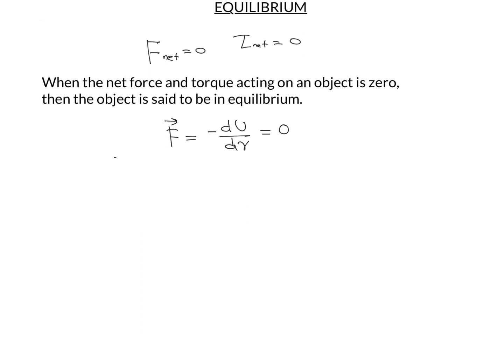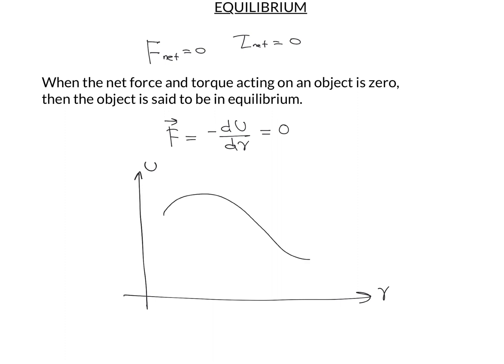If we draw a graph showing the variation of potential energy with respect to position, let's say r, we can observe that du by dr is nothing but the slope of this potential energy versus position graph. So for equilibrium, the slope of this graph should be equal to 0.